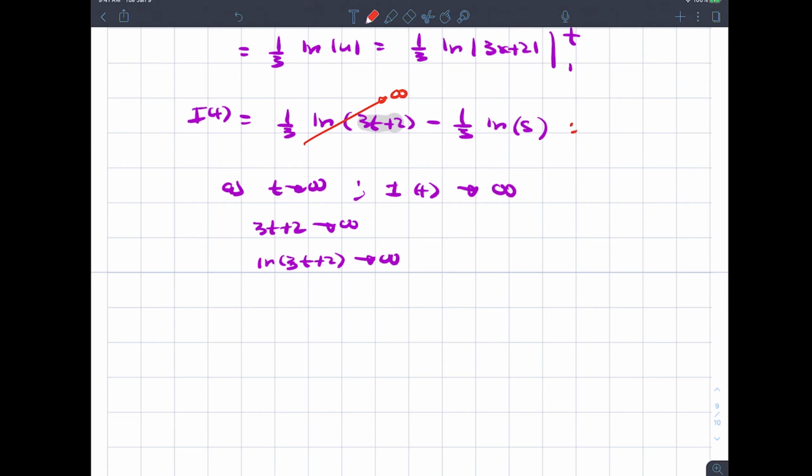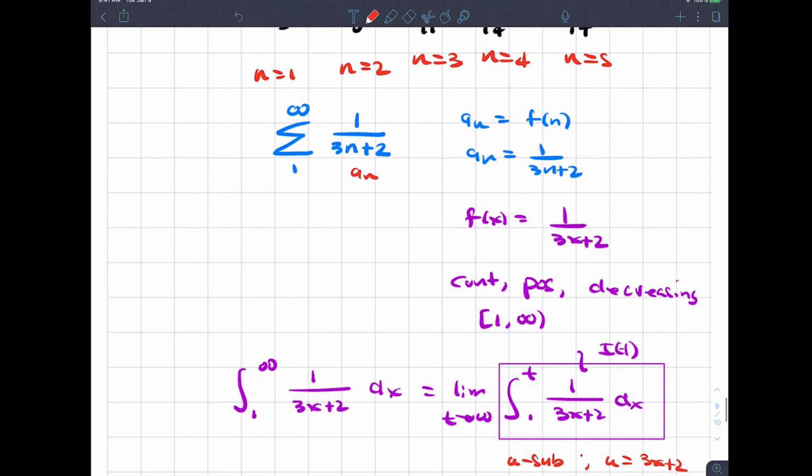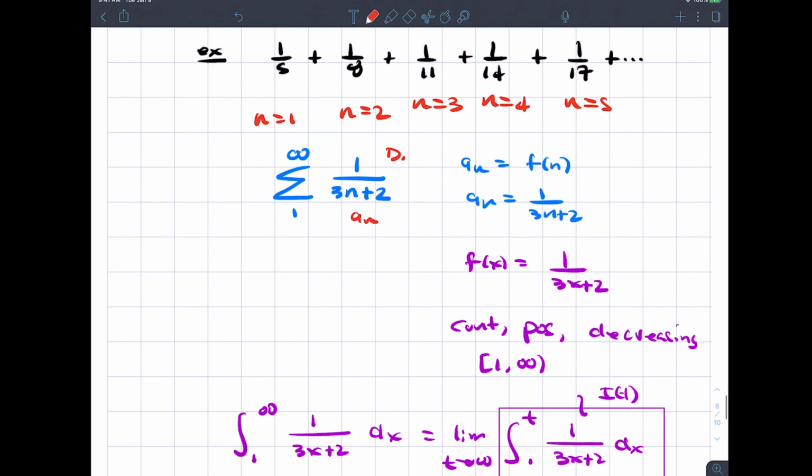So you end up with infinity minus this number, which equals infinity. In other words, the improper integral diverges, which means your series diverges. This is a divergent series.